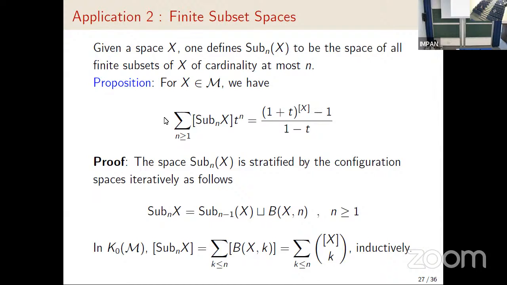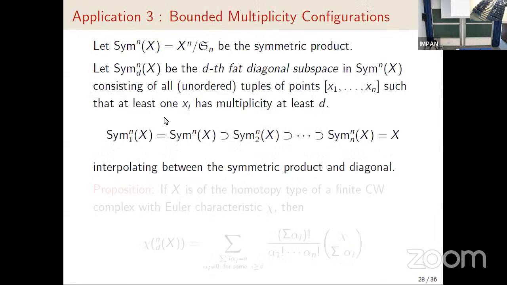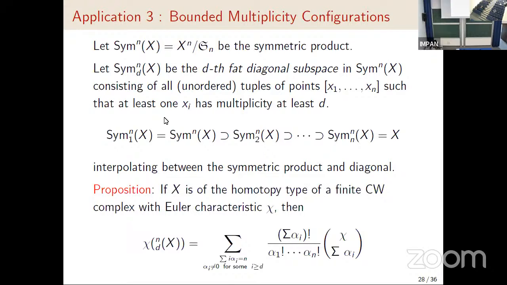Because if you take the subsets of cardinality n or less, it is the subsets of cardinality n minus one union the configuration space, and you sum. As simple as that. And in the literature, they have it for a bouquet of circles, but they don't have a general formula. Generally, it's the symmetric product. I want to just say MacDonald's formula is also another two-line proof, but even more general. People probably know MacDonald's formula is for the symmetric product. Okay, so this is all classical.